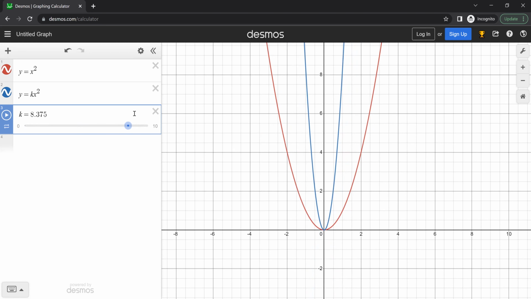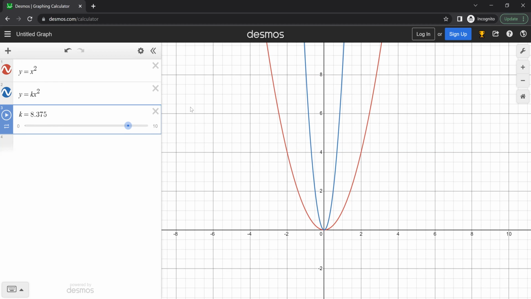So the idea here is that if the number in front of x squared, disregarding whether it's positive or negative, is bigger than 1, it gets narrower. And if it's between 0 and 1, it gets wider. So that's our last transformation.